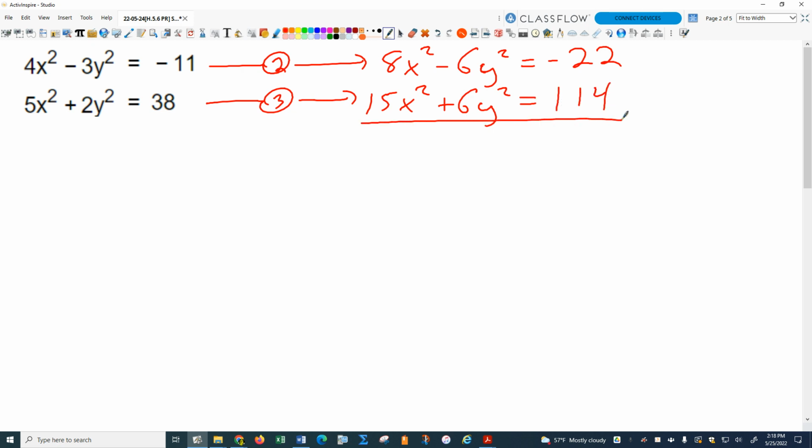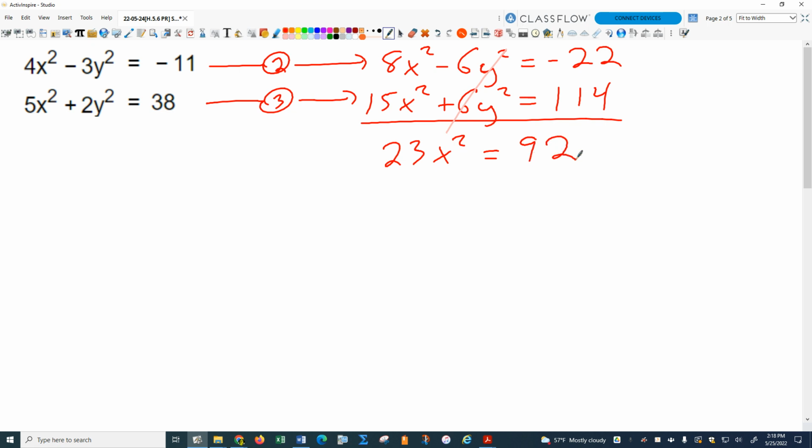Okay, and if I add those up, what's the good thing that happens again? The y's cancel, yeah. And when the y's cancel, that leaves me with an equation I can solve because it's only got a single variable in it. So 8x squared plus 15x squared is 23x squared. Negative 22 plus 114 is 92.